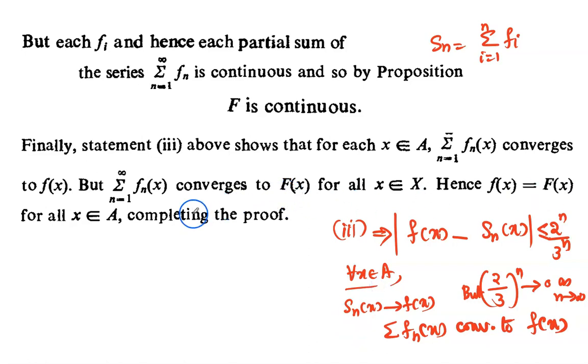But we have assumed that the series sigma fn of x converges to capital F of x for every x element of capital X. Hence, we must have these two limits, capital F of x and small f of x, the same for all x element of A. That is, we have proved that capital F is in fact an extension of small f.